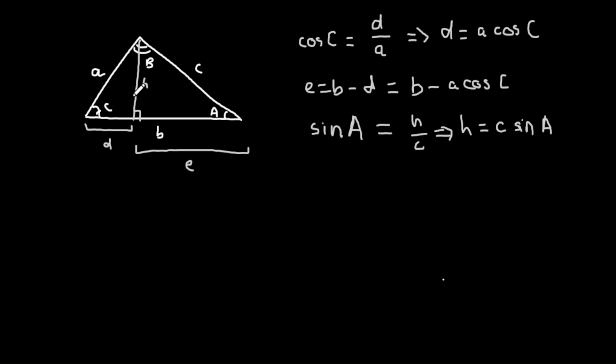Now applying Pythagoras' theorem on this triangle, we have c squared is equal to h squared plus e squared.